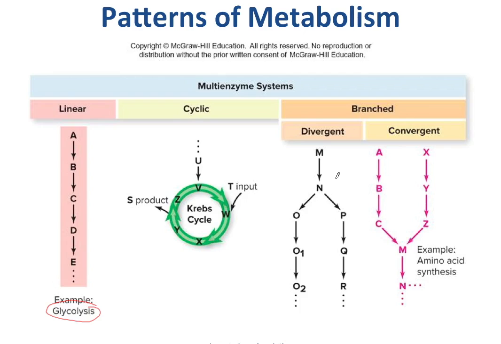So the reason to have the branched metabolism pathway is that the microorganisms have evolved for millions of years. So they have to adapt to very tough environments, very tough conditions. So that's why the microorganisms have a plan B for certain regulation, right?